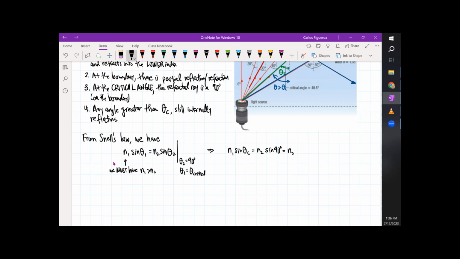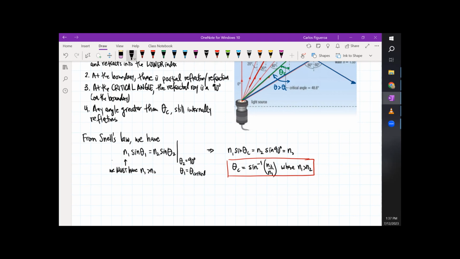So theta critical is going to be the sine inverse of the index values, where N1 has to be greater than N2. Now, it's super important that if N1 is smaller than N2, you're going to get a mathematical error, because now you're saying that sine of theta is greater than 1, which is impossible.